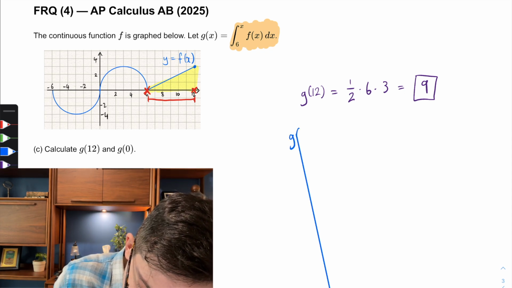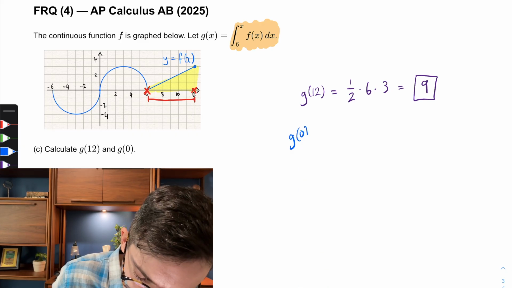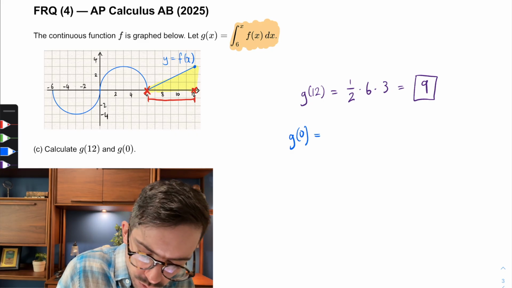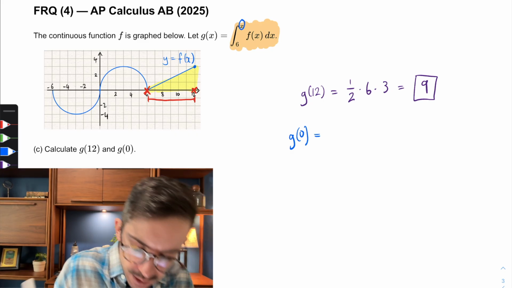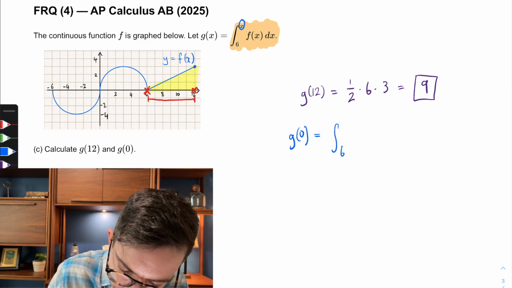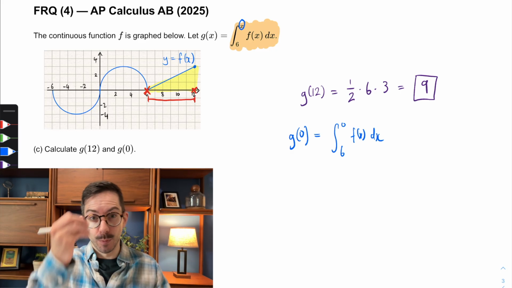So g of 0, we have to finesse a little bit because g of 0 takes my x and replaces it with 0. And for that integral, there's something not quite standard. Namely, my lower limit is larger than my upper limit.